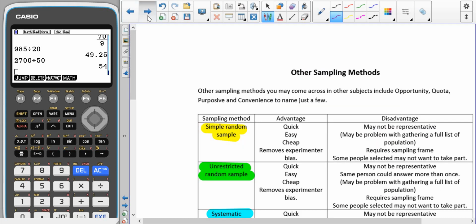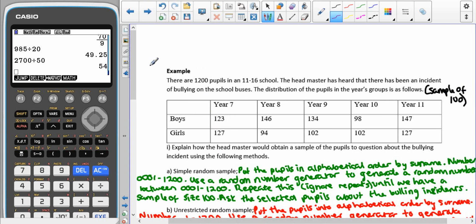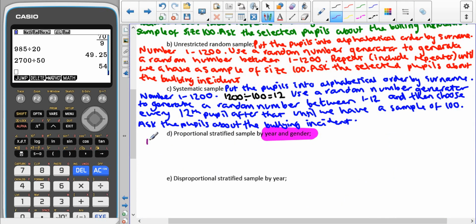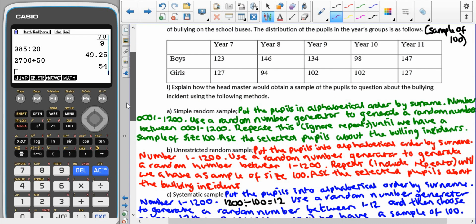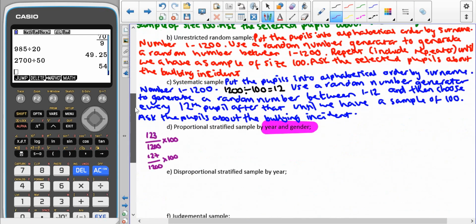So if we have a look at our first group, the number in our group is 123, so we're going to do 123 divided by 1,200 times our sample size. For the second group, we're going to do 127 divided by 1,200 times our sample size. So we're going to do that for each of the groups.